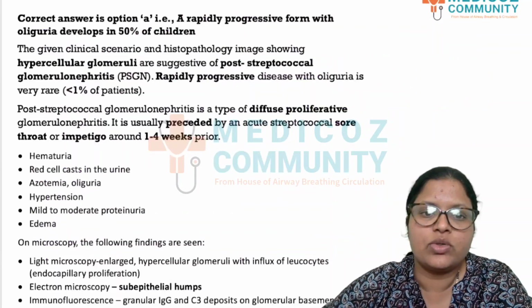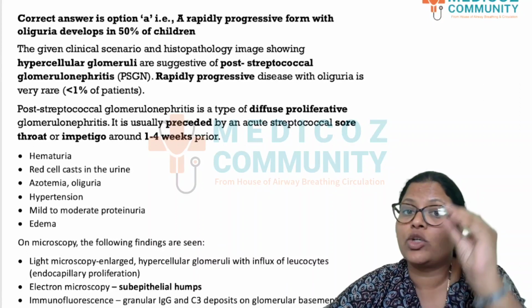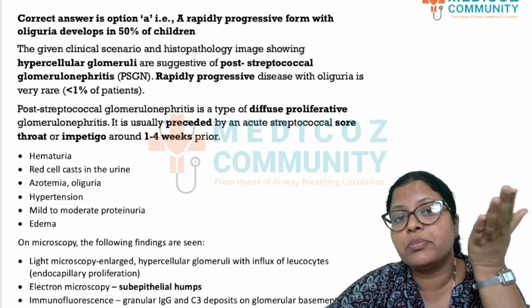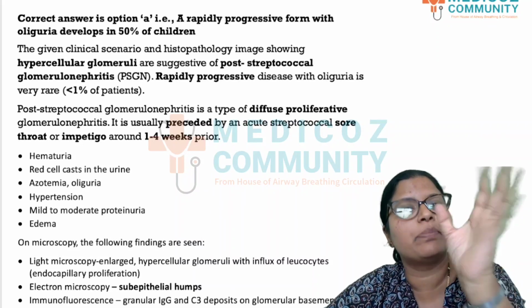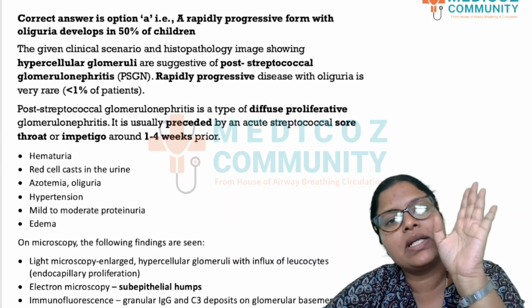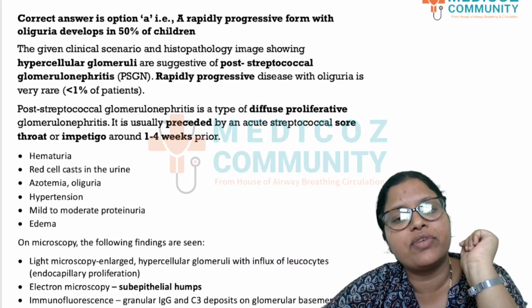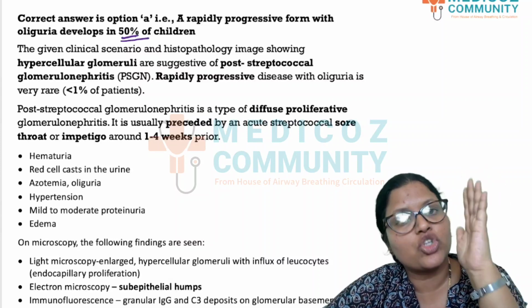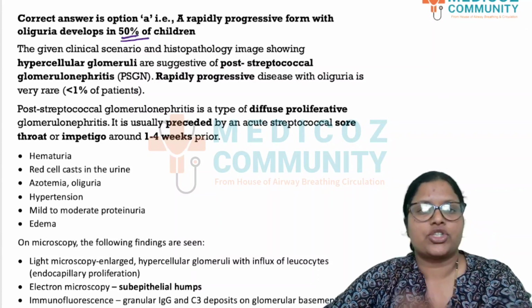Something you need to remember, in last NEET you had a twisted question where they had told that creatinine suddenly increased from 2 to 4, which means he rapidly progressed. So that time it is rapidly progressive. Rapid progression develops in PSGN but only in a small percentage of children. Otherwise, the majority of the children eventually recover and regain their renal function.